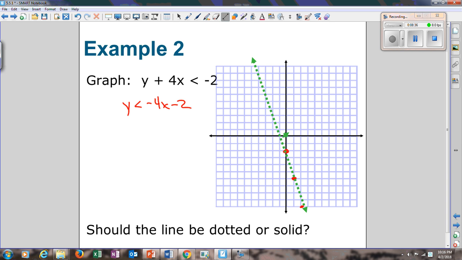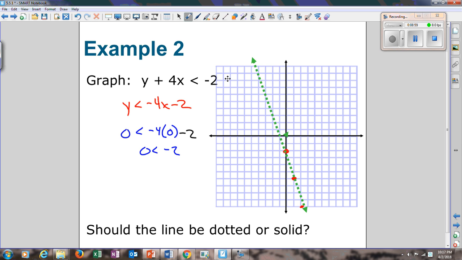Now let's choose the point 0, 0. If I plug it in, 0 is less than negative 4 times 0 minus 2. Negative 4 times 0 is just 0. 0 minus 2 is minus 2. Is 0 less than negative 2?